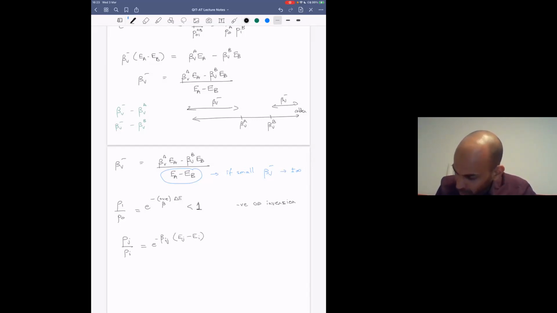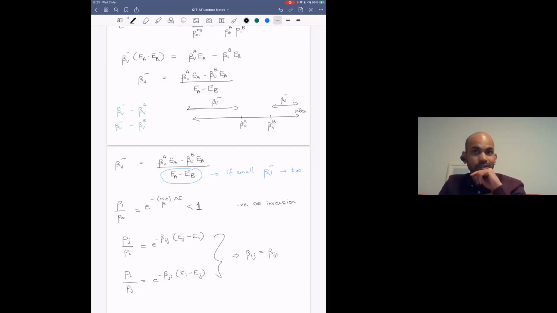If you were to swap the labels, you would get Pi upon Pj equal to E to the minus beta ji times Ei minus Ej, but this is the same equation, because you flipped both the ratio on the left and the sign of the energy gap. This gives you that beta ij is equal to beta ji. This is a nice thing about the virtual temperature: even if you relabel the energy levels, you're not going to get a different virtual temperature.